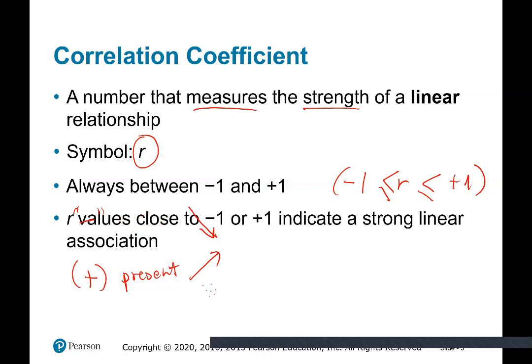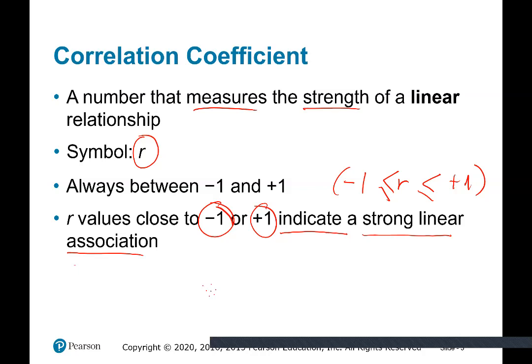Okay, let me clean this up. An R value close to -1 or +1 indicates a strong linear association. So someone like R equal to -0.98 or -0.99 will indicate a strong linear association, but it's going down.